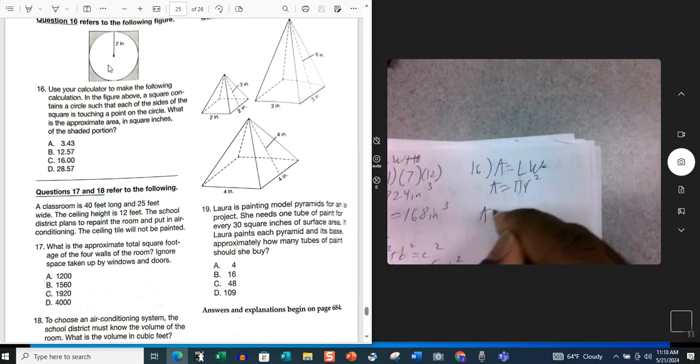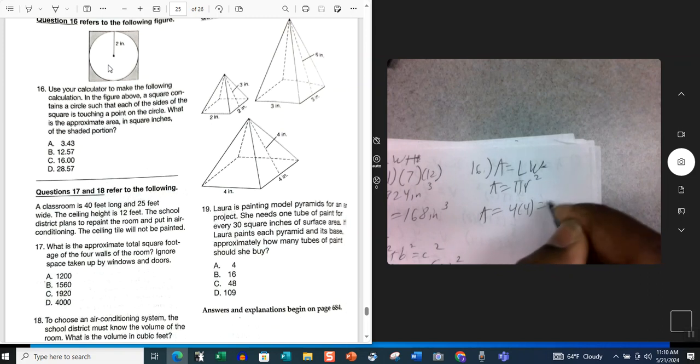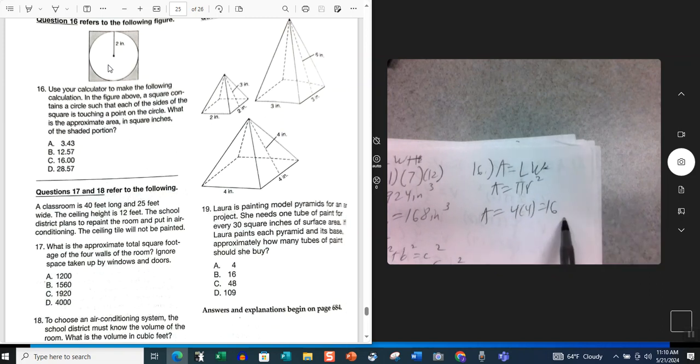So the area, length times width, we know that'll be 4 times 4, which is 16. That'll be the area of the rectangle. Now the area of the circle would be pi, and the radius is 2 squared. So this would be 4 pi. So now when we put this in our calculator, we'll take 16 minus 4 pi.